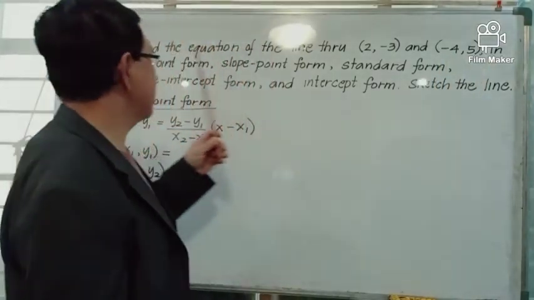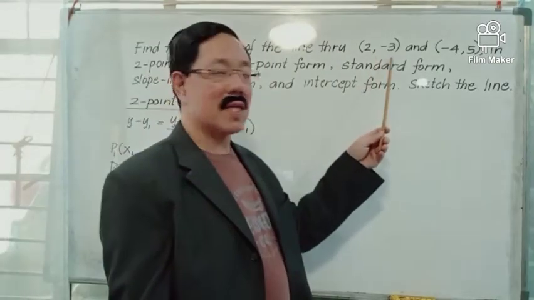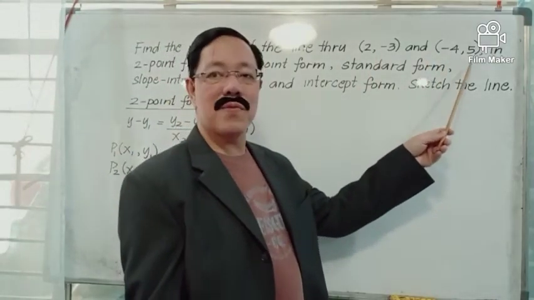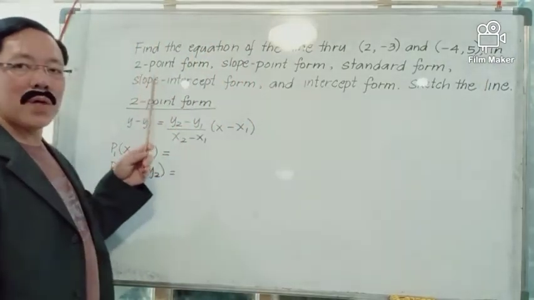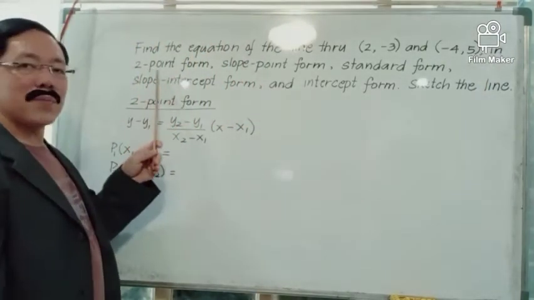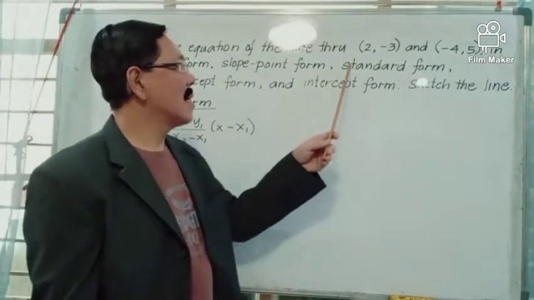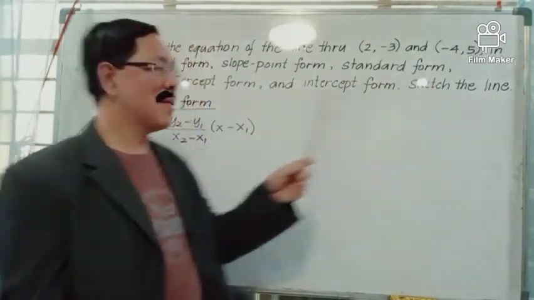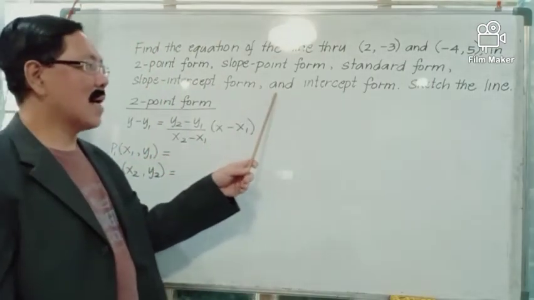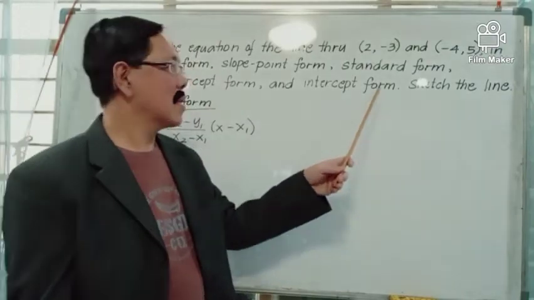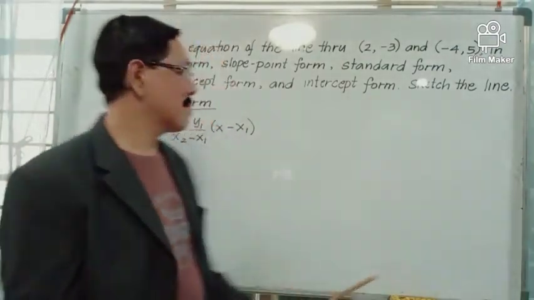And we find the equation of the line through (2, -3) and (-4, 5) in 2-point form, slope point form, standard form, slope intercept form, and intercept form. We are also asked to sketch the line.